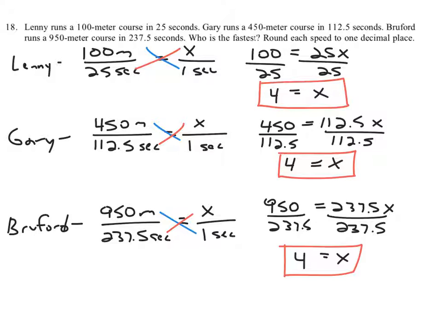This is 4 times this, so it's going to be 4. And this is 4 times this, so it's going to be 4. Okay, tricky, sure, but the idea should be basic for you. And when you get your own problem, it might not be quite so difficult in terms of the numbers. Good luck.